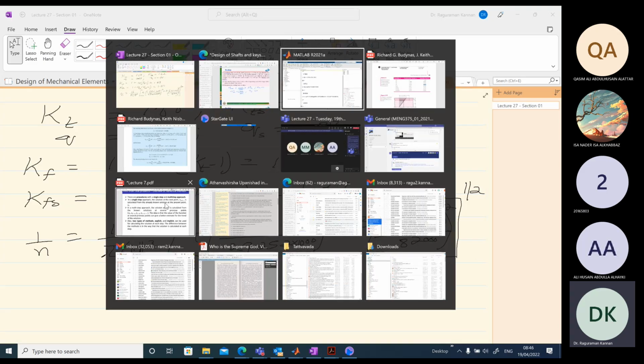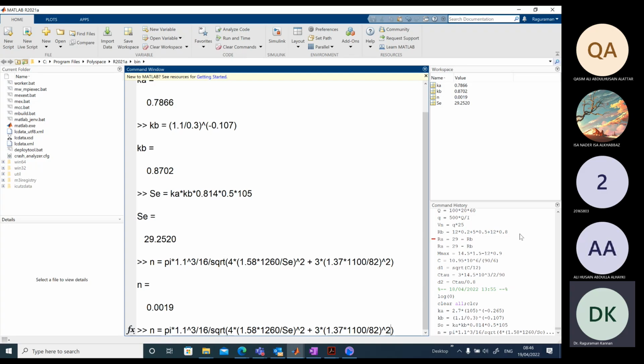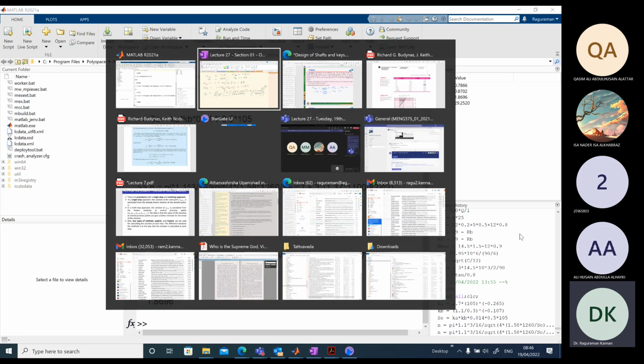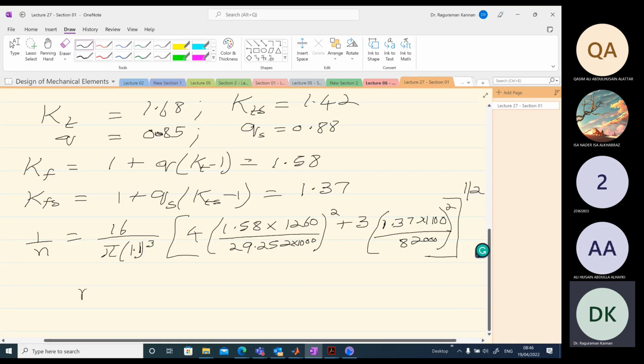So let's change the formula here. In the denominator we should have 1000 over here, and this should be 82,000. So that gives us 1.8696. So be careful about the units. If you are not careful about the units, you will get the wrong answer.